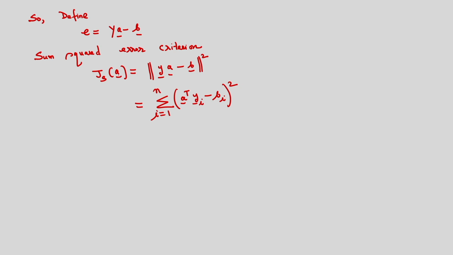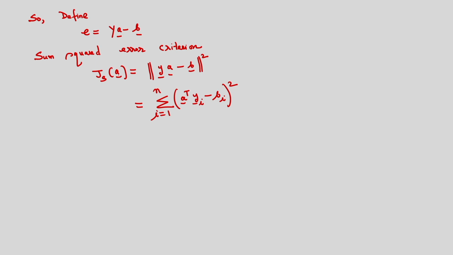If I solve this equation, then I will be getting the weight vector. That means I have to minimize the error, and for this I can apply the gradient descent algorithm.